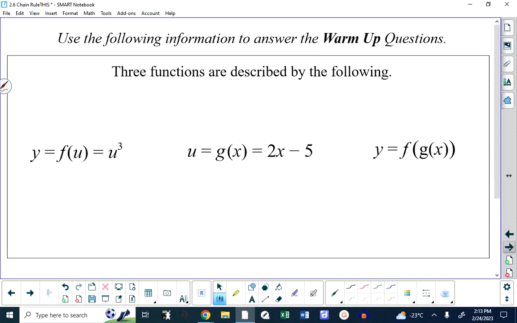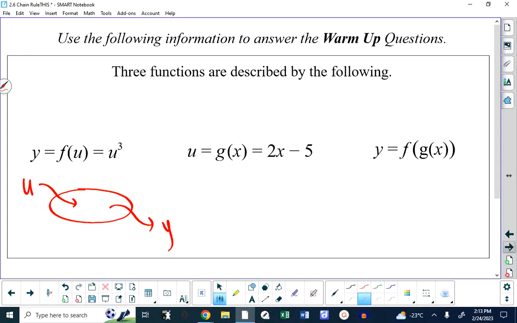I have y equals f of u, and what that means is y is a function of u, this first function on the left. You people who have finished Math 30 have an advantage over those who haven't, in that you put u in and y comes out. Okay?